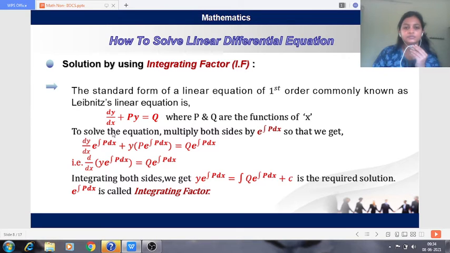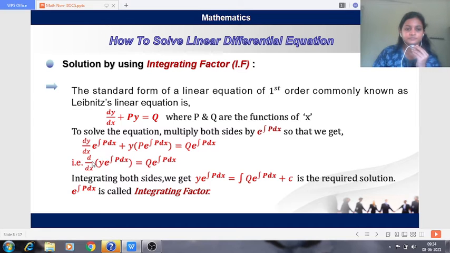To solve this equation, we multiply both sides of this by e to the power integration p dx, so that we get dy dx e to the power integration p dx plus y into p into e to the power integration p dx, because it is equal to q into e to the power integration p dx.